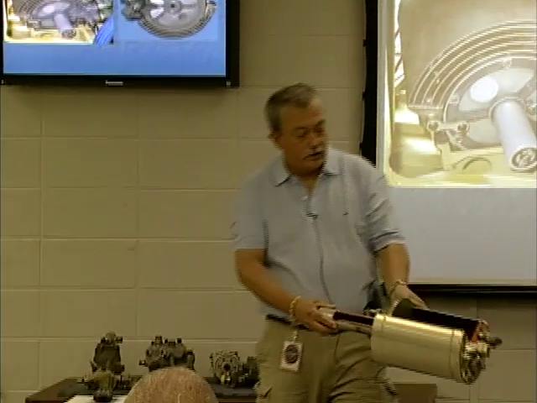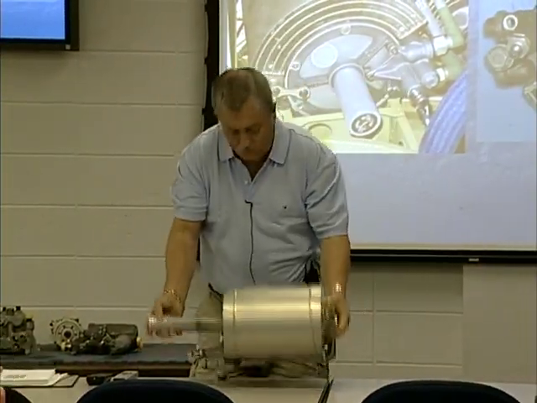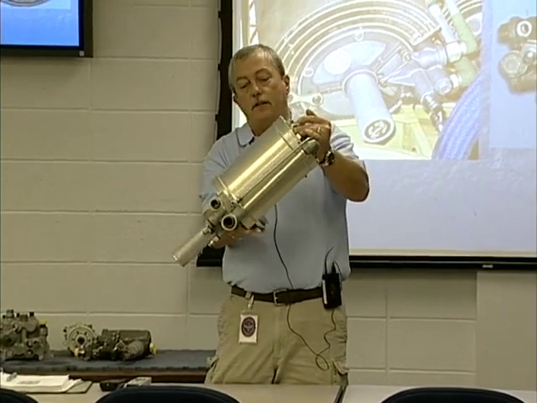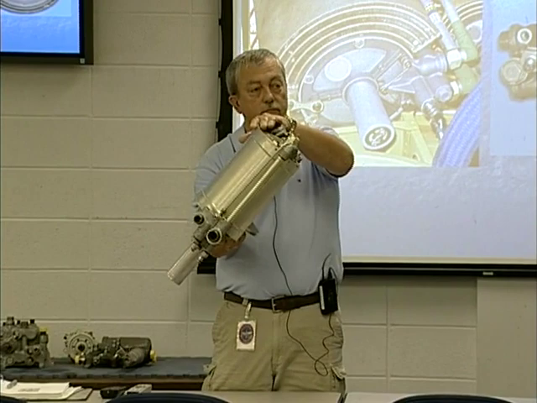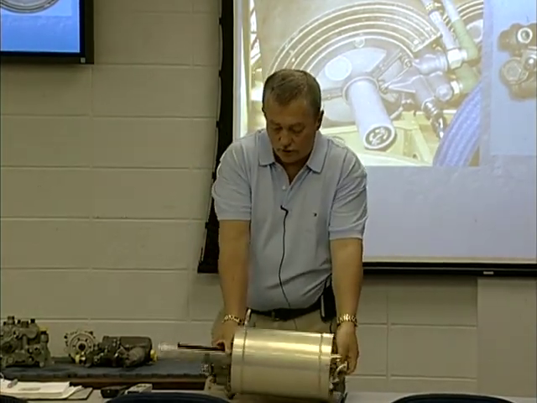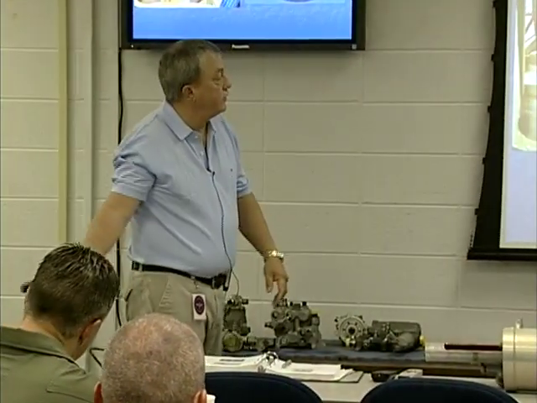Here is our reservoir cooler. You'll notice that when all our coolers are mounted, they're mounted canted just like this. The purpose of that cant is to keep the air at the top, and we'll talk about why. But the utility reservoir cooler will store 2.17 gallons of fluid in the reservoir itself.